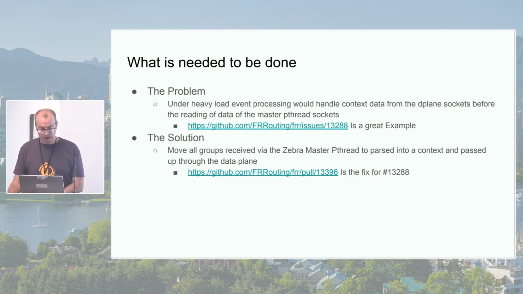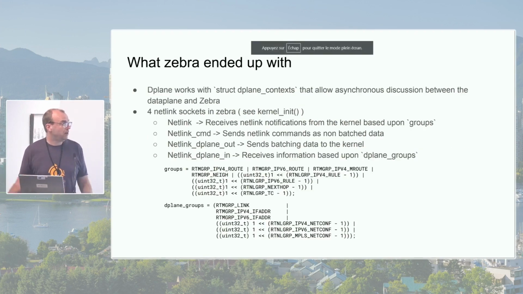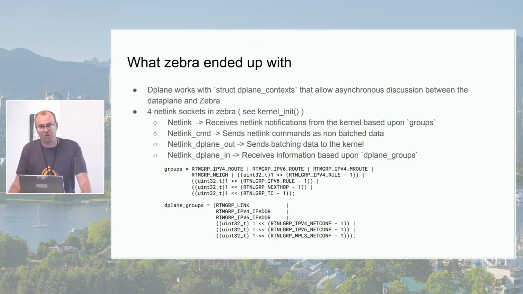So every single group listed in the first one, in groups, needs to be moved to dplane groups, and we just have to go through and do them one at a time. So that's the change that we need to end up doing.